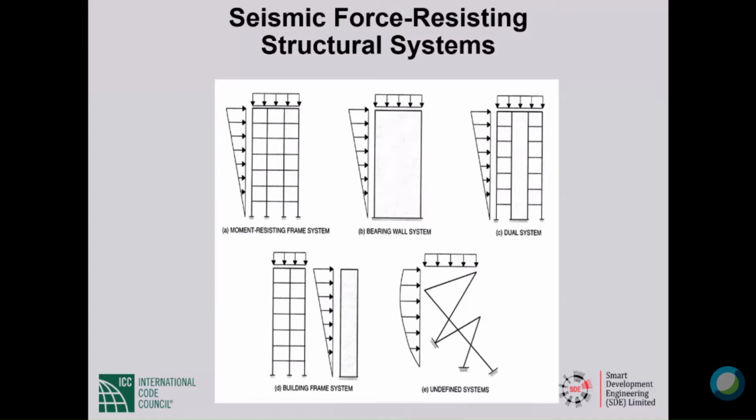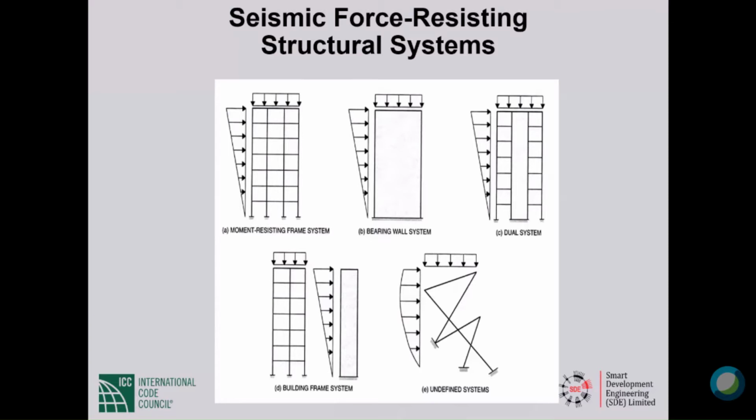You have to check and make sure that the gravity frames can continue to carry full factored gravity loads as they deform together with the seismic force resisting system all the way up to the design earthquake displacements. Okay? This deformation compatibility requirement is an integral part of the definition of the building frame system.